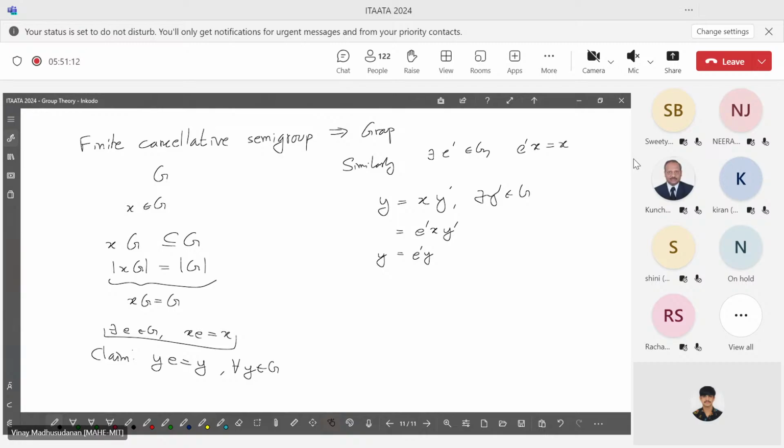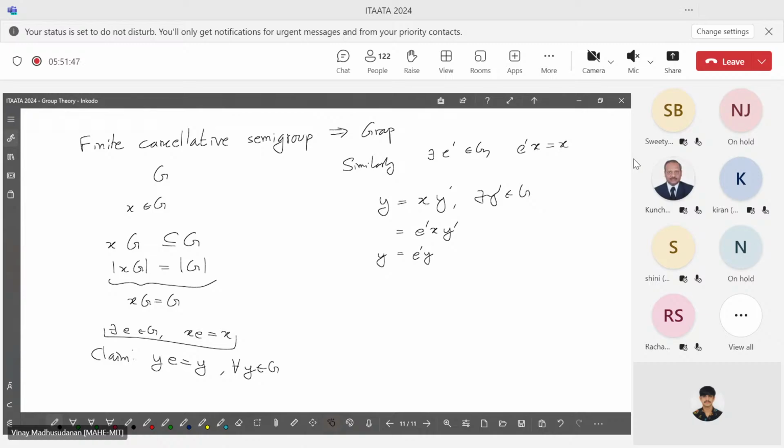So if E prime satisfies this, then you get y is equal to E prime y. And y is arbitrary, so this holds for arbitrary y.